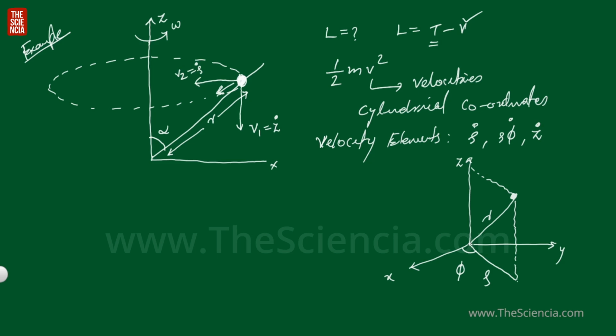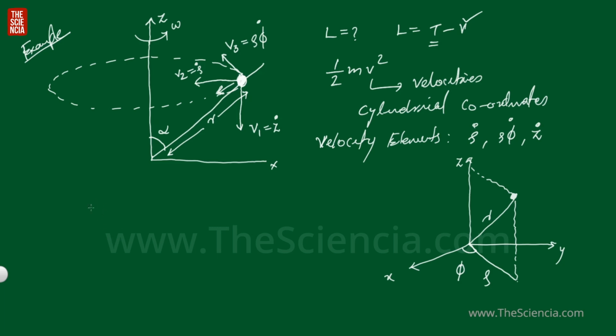Corresponding to this figure, this value is the variation in rho, so v2 is equal to rho dot. And it is rotating about the z-axis, so there will be another velocity, that is v3, and it is equal to rho phi dot. So these are the velocities, and you can see all these velocities are mutually perpendicular.